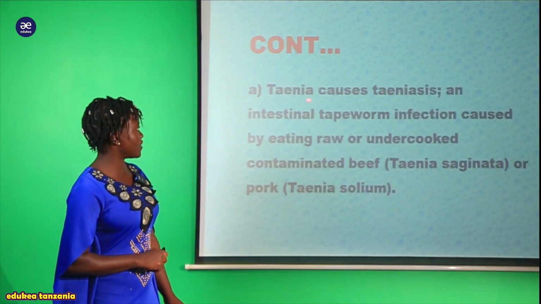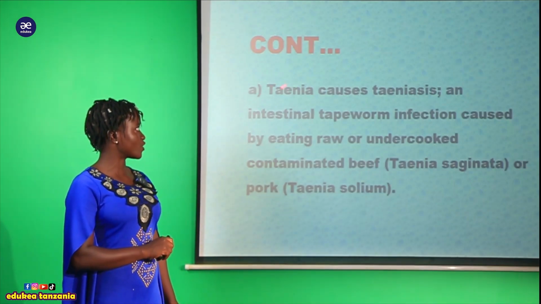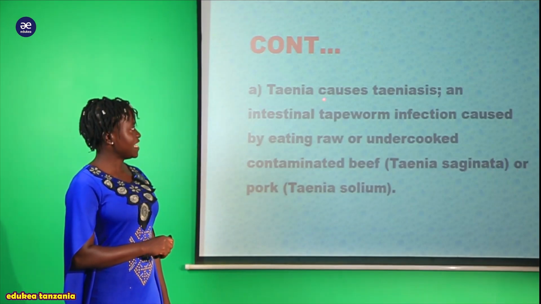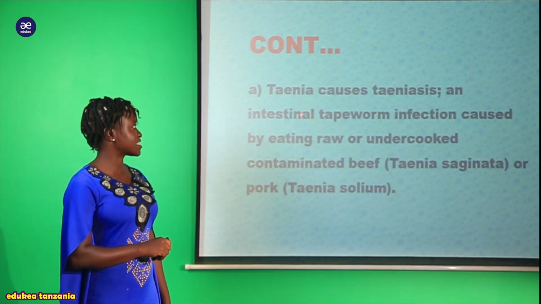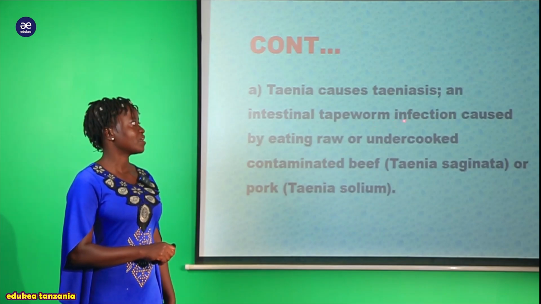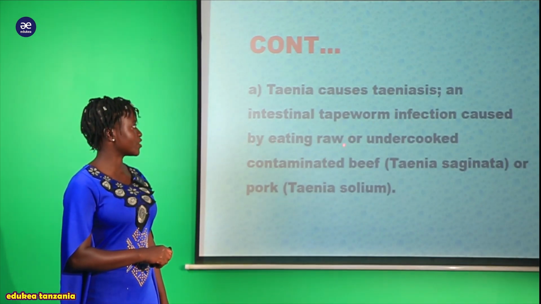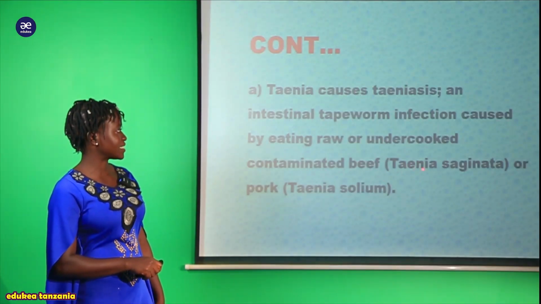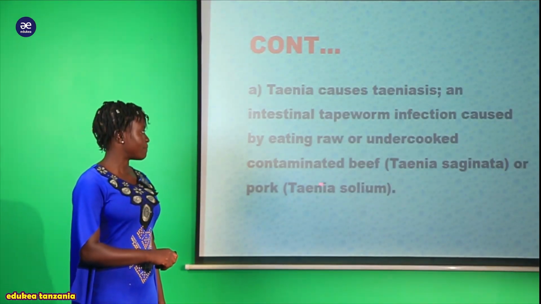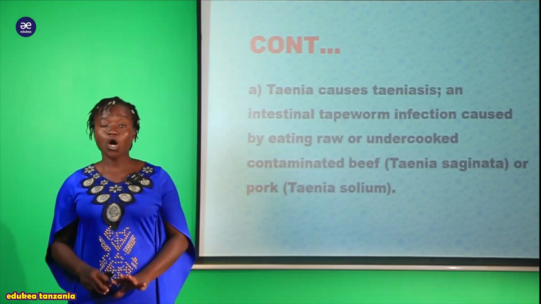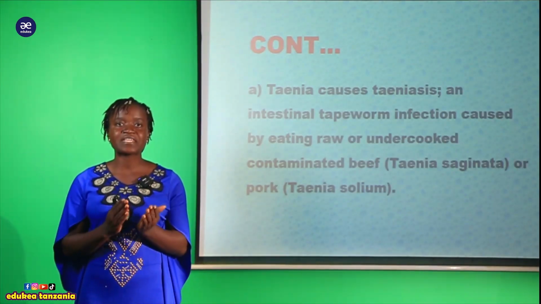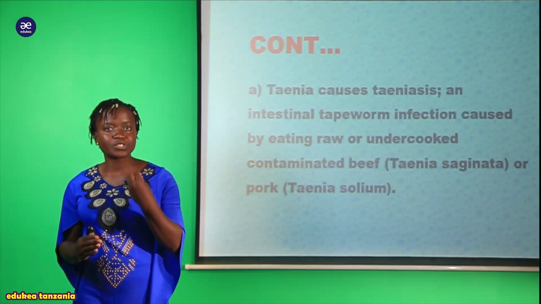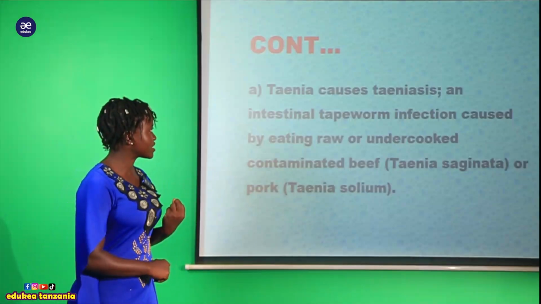So we are saying that we have another organism. The first organism here we call it the Taenia, ambayo tunamuita tapeworm. Taenia causes taeniasis, an intestinal tapeworm infection caused by eating raw or undercooked contaminated beef, ambaye anaitwa Taenia saginata, au pork ambaye anaitwa Taenia solium. Kwa pale ambapo utakula nyama ambayo haijapikwa vizuri, yani haijaiva vizuri, hiyo nyama itakuwa imecontain vidudu au wadudu ambao wanaitwa Taenia.